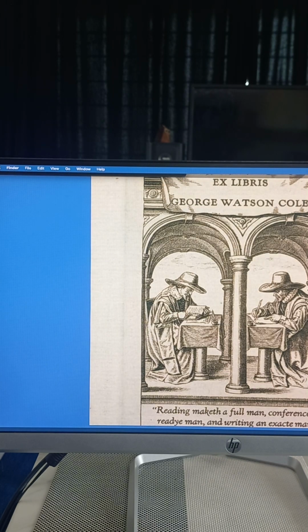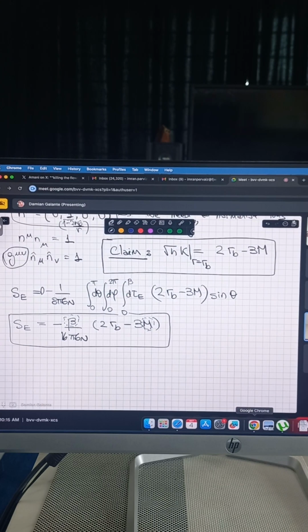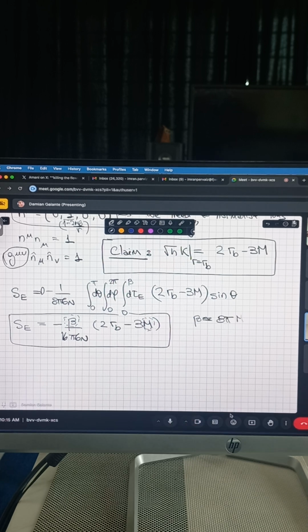But now we don't want only the Euclidean action. You see, it's written in terms of beta and m. But we don't want beta and m because we know that m and beta are related by beta is equal to 8 pi m G Newton? No, 8 pi m.